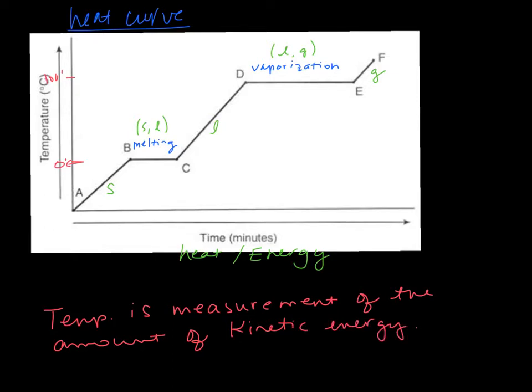So if the temperature is changing, then that means the kinetic energy is changing. So the kinetic energy is changing the most during these phases right here. So kinetic energy changes here, and the kinetic energy also changes right here.